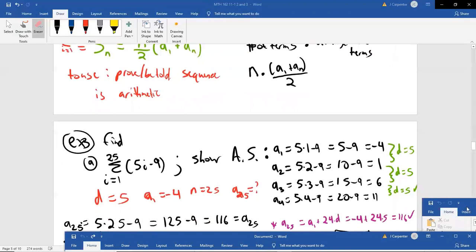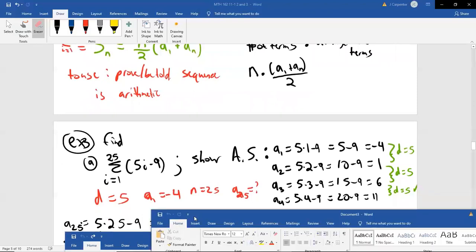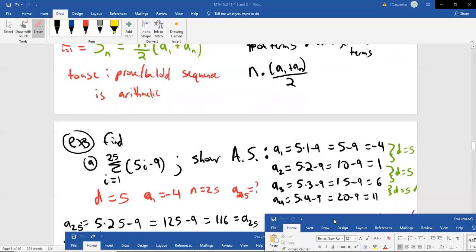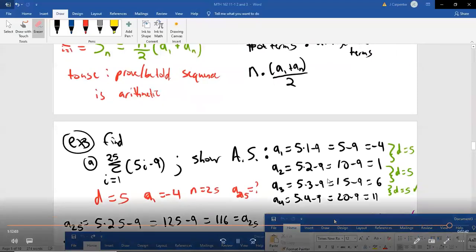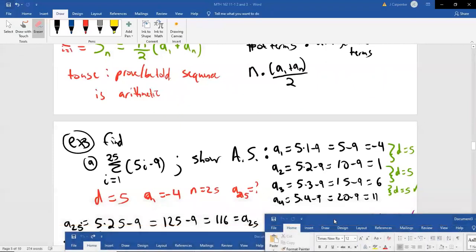So a sub 25 would be 5 times 25 minus 9, which is 125 minus 9, which is 116. So there's our 25th term. So we have our first term, which was negative 4. We have the last term, which is 116. We know we're adding up 25 terms. So either apply the formula or the concept. I like the concept: take the number of terms times the average of the first and last.